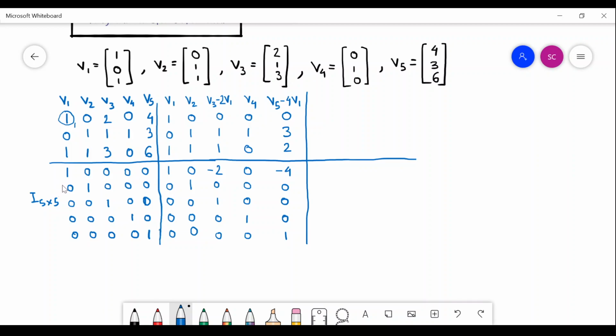So v1 remains the same, so only v1. So at the very start also you read this column is what? Only v1, no other contribution of any other vectors. This column, entire column, only v2, no other contribution. So similarly, this is v3, this is v4, this is v5.